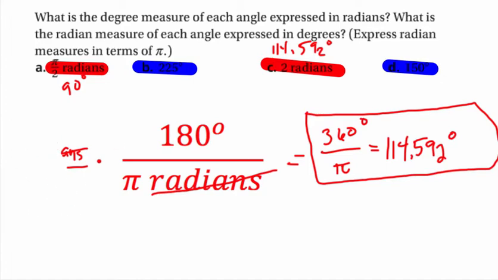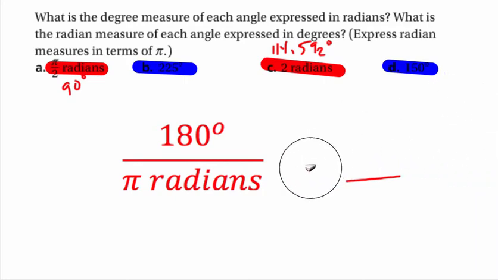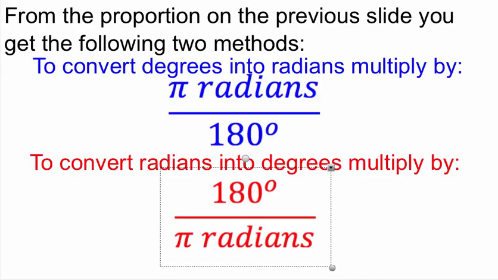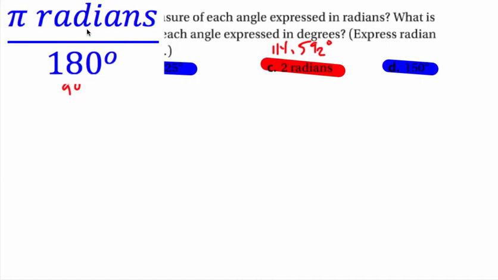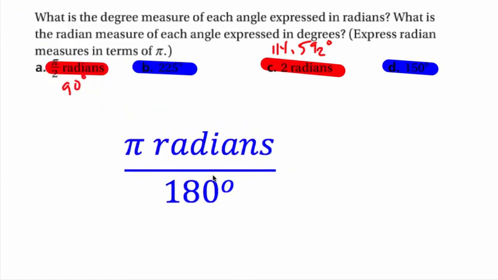So now it's time for me to convert degrees into radians. So I'm going to go back and copy my blue one, because I need this formula now. So throw in my measurement. Now remember, it said here to leave it in terms of pi. So I'm going to take 225 degrees, and I'm going to multiply by pi radians over 180.